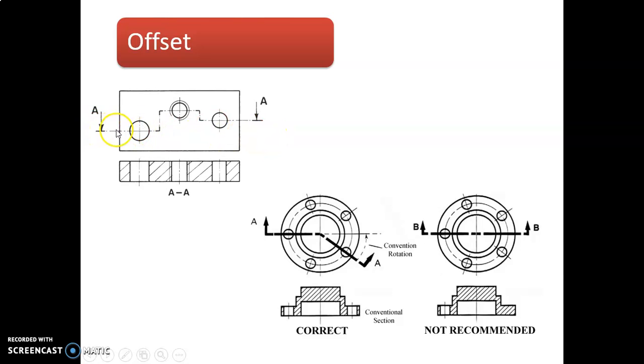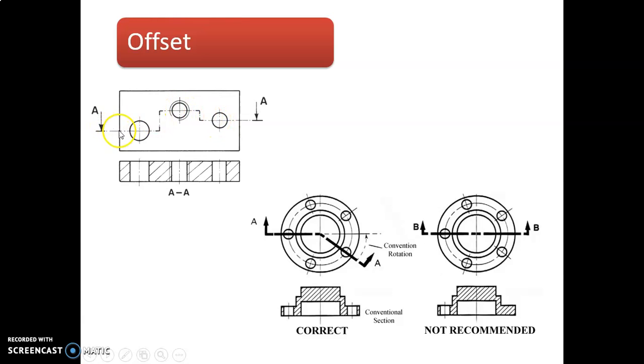We cut, then go up because we want to see the center of the second circle, and then go back down and cut again at this circle. So it is not a straight cut, and we call it offset. We want to see the middle at the center of this circle and also this circle.